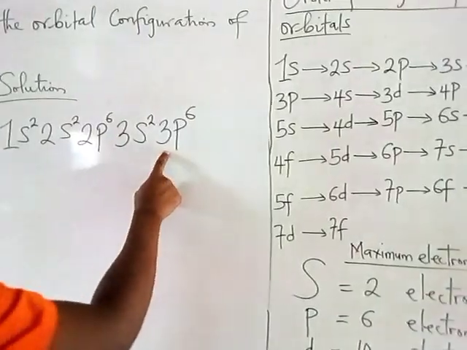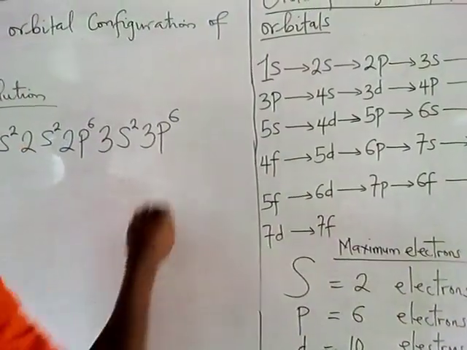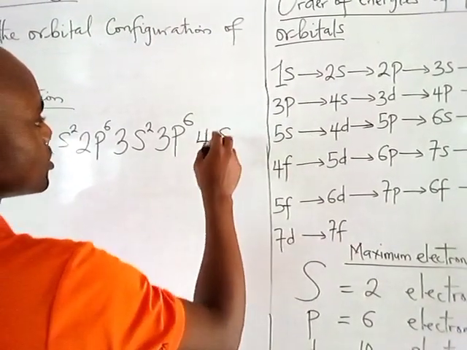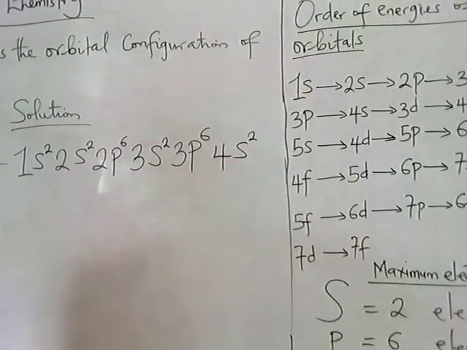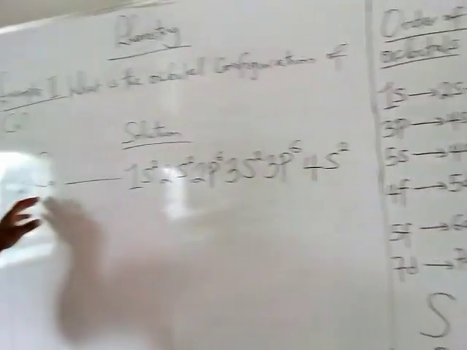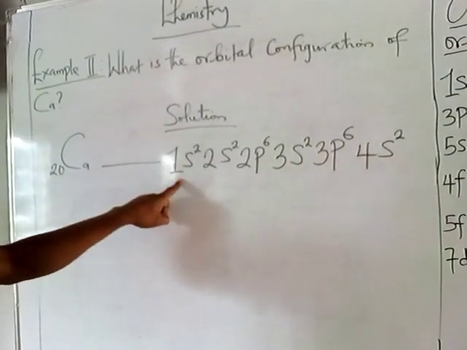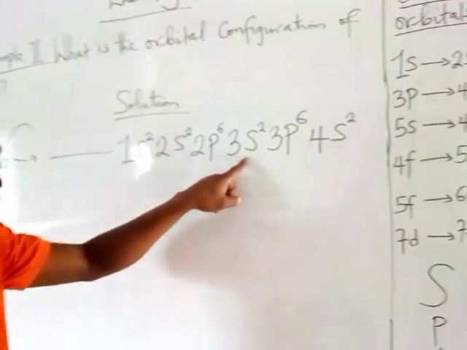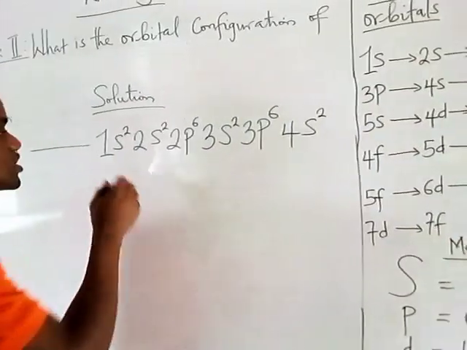After the 3p orbital, the next orbital is 4s. Because 2 is remaining, this will become 4s2. Therefore, the electronic configuration of calcium is 1s2, 2s2, 2p6, 3s2, 3p6, 4s2. So that is the answer.